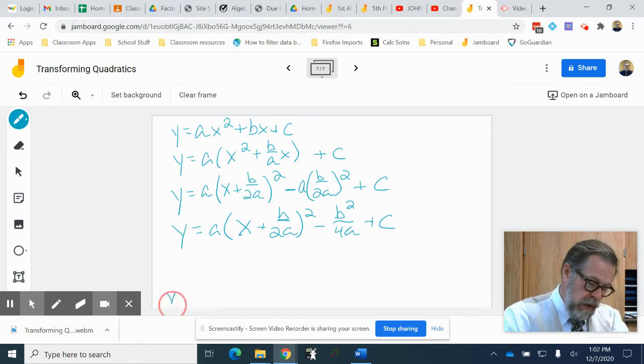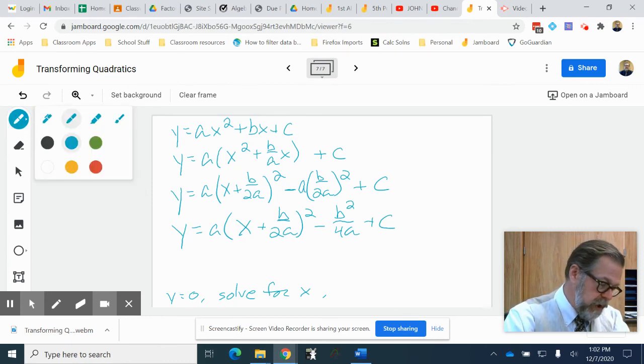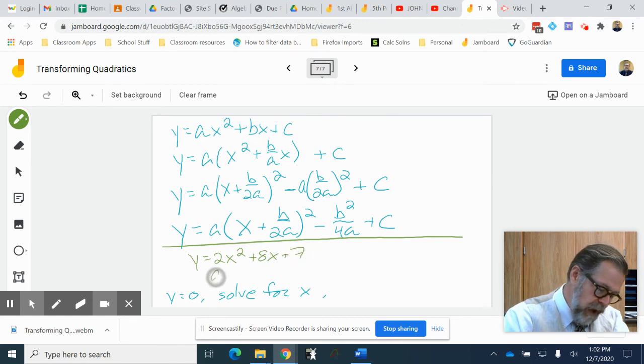And here's a little challenge question for you. If you make y equal to 0 and solve for x, what do you end up with? It's pretty interesting. Very quickly, let's take a look and make sure that this works. On the previous page, I had y equals 2x squared plus 8x plus 7. a is 2, b is 8, c is 7.